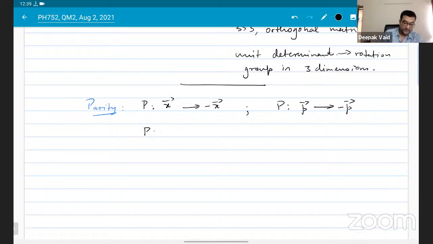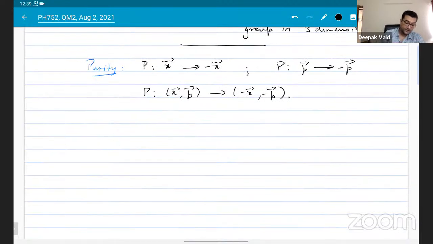You can have parity in phase space also, and in phase space you would have x goes to minus x and p goes to minus p. Okay. So as a very simple example of how parity works, let's consider an ordinary function, any ordinary function, it doesn't matter, some function on the real line. And let's say f of x is equal to sine of x.